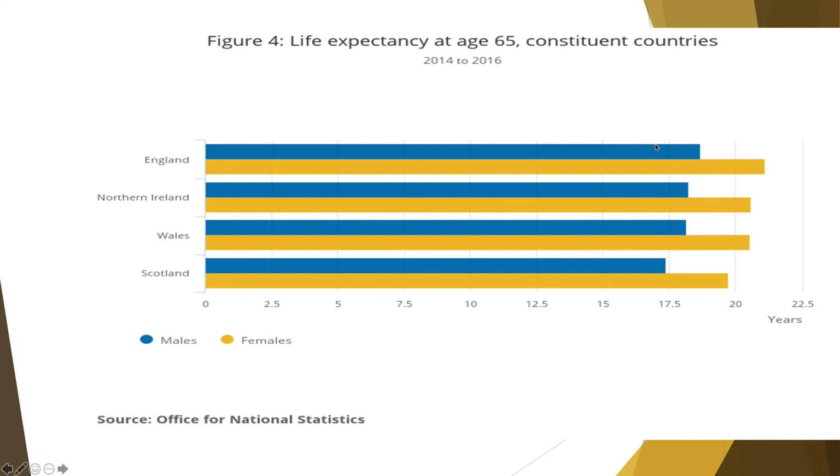Can I see health inequalities here? Yes, I can see gender-related health inequality, and I can see geography-related health inequality. Scotland, in comparison to Wales, Northern Ireland, England, has more deprivation, has more poverty.